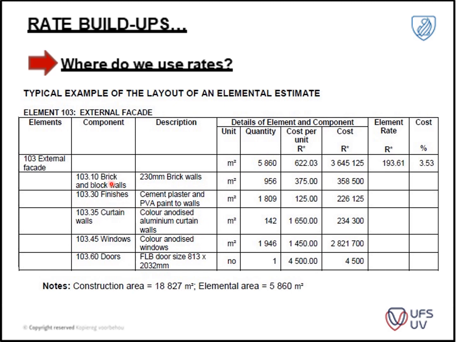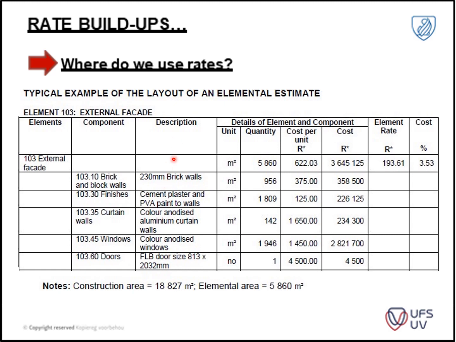For brick and block walls, if it's a 230 brick wall, you will have one here. If you've got a 110 millimeter wall, you will have that underneath, still 103.10, and then you will go on like that.